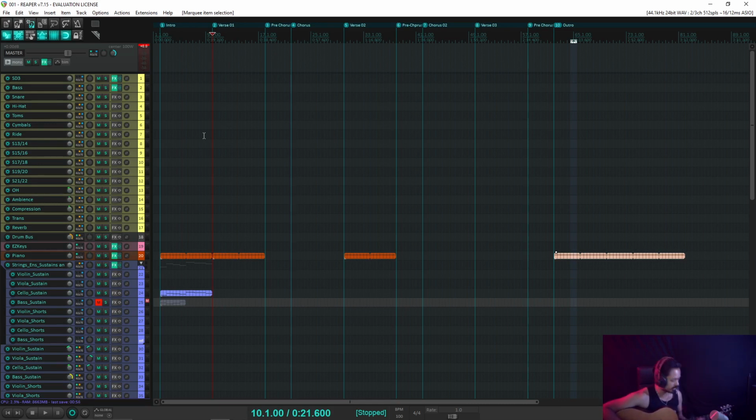So this is quite difficult. But one thing that I would like to add is this chord.